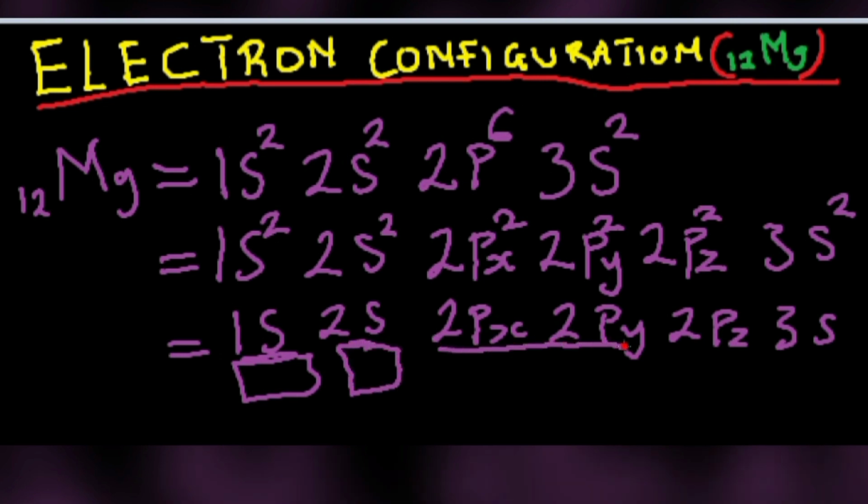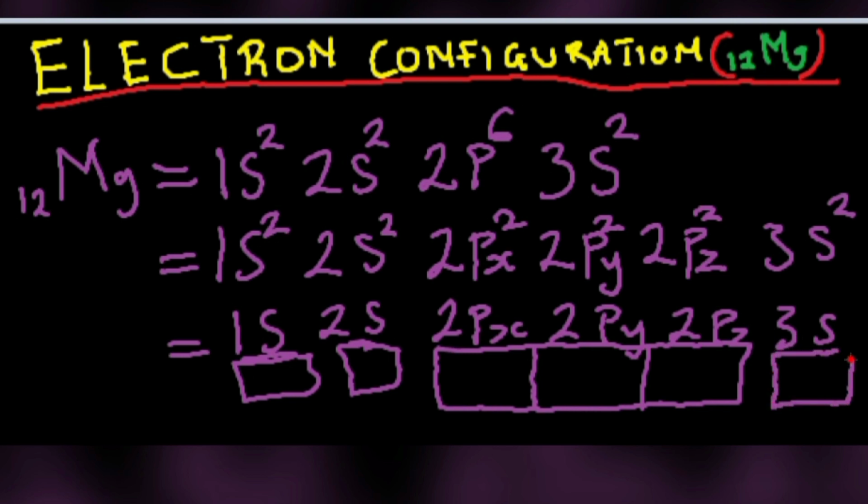These ones are degenerate, right? We've learned that. As I said, if today is your first lesson, check from the links below for the previous lesson. Okay, so this is the Bohr notation.